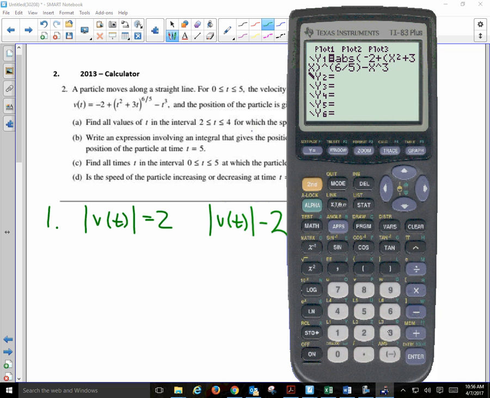And then I have to close the parentheses for the absolute value and subtract 2. Okay? So I'm going to zoom standard and see what happens. Okay, I can see it. I like that. I'm going to zoom as a box.